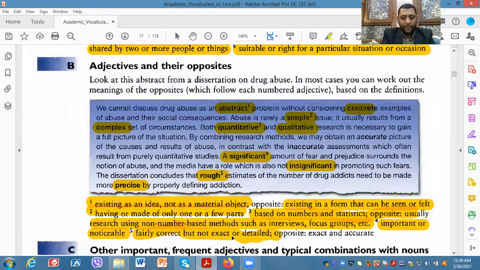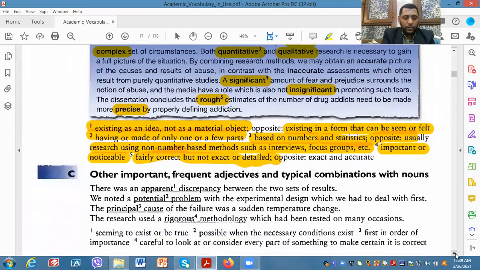It's fairly correct, but not exact or detailed. And the opposite of rough is what? Precise. So if rough means fairly correct, but not exact or detailed, precise means correct 100%, precise and exact, okay. All right, so I hope that was clear, okay?